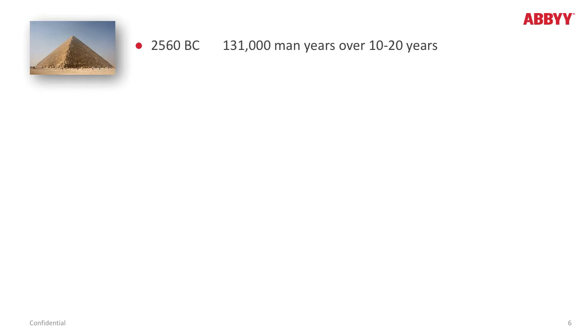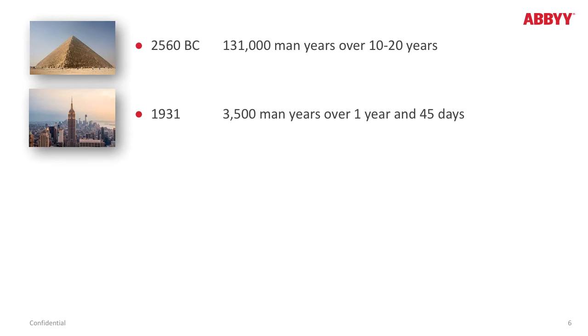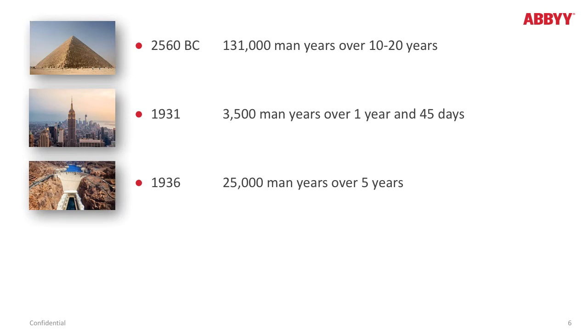If you look at a much more modern accomplishment, it was about 3,500 man-years, just over a year, to build the Empire State Building. In 1936, 25,000 man-years over 5 years to build the Hoover Dam, probably the last government project that came in on budget and ahead of schedule.